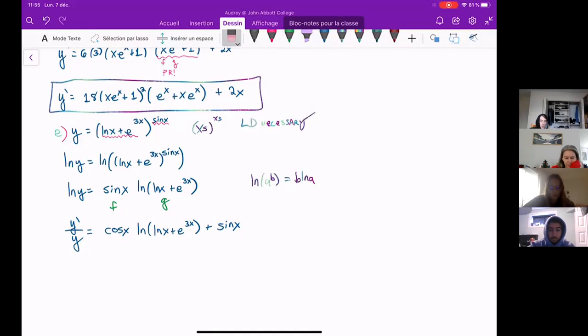Not quite. I want the derivative of the whole thing. My g, guys, is ln of ln x plus e to the 3x. It's not just ln x plus e to the 3x, it's ln of that.